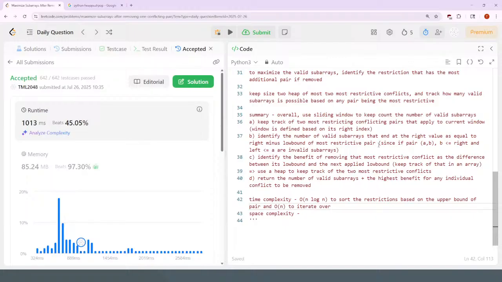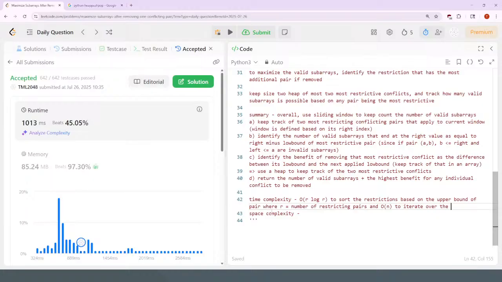Actually n here is the, actually I'll say O of r log r to sort the r restrictions based on the upper bound of the pair, where r equals the number of restriction pairs, conflicting pairs, and O of n to iterate over.